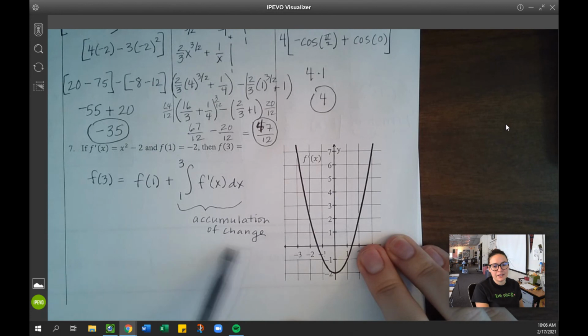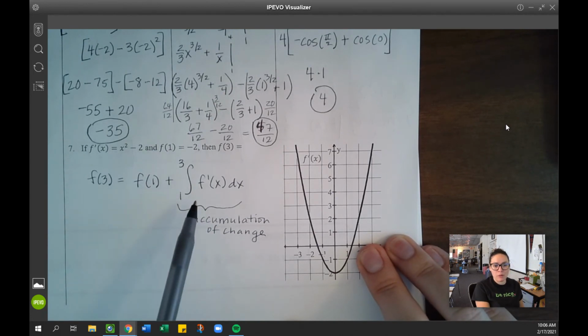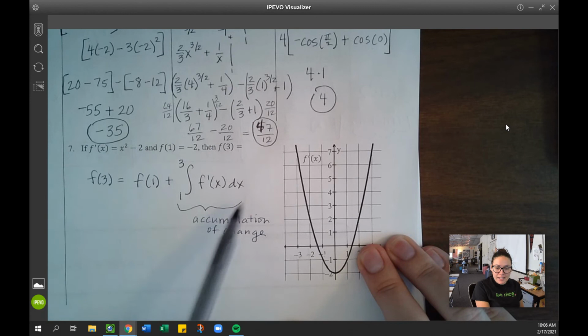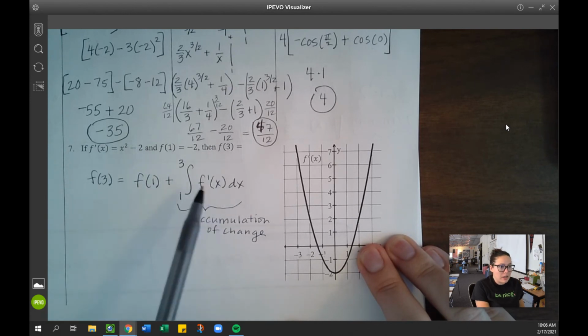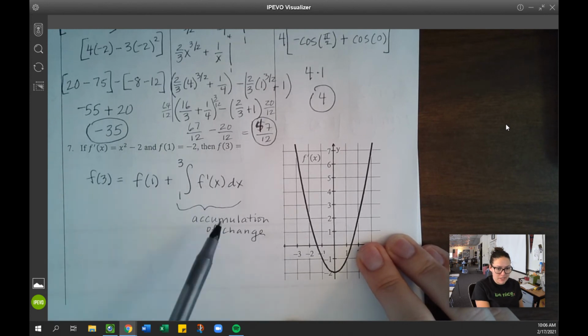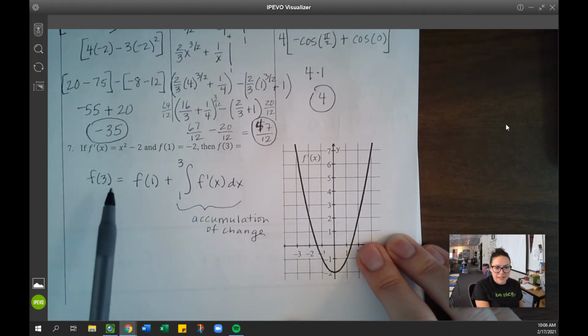So this is telling me how much f of x is changing from 1 to 3. I'm starting at f of 1, and then I'm adding or subtracting a certain amount. There's an accumulation of change, either positive or negative, from 1 to 3, and I'm going to end up at f of 3.